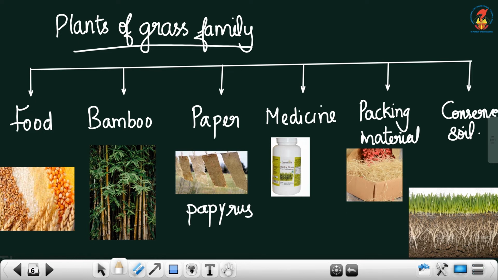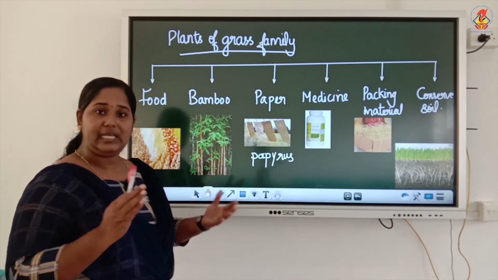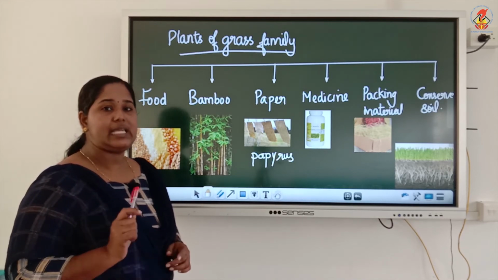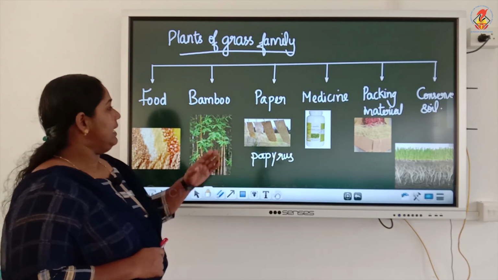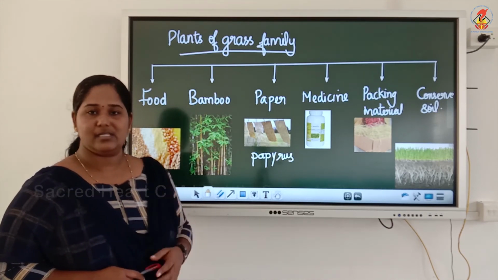Now we use a variety of grasses to prepare different types of paper. But first it was made from papyrus, and from that papyrus name we got the name paper. So it was prepared in which place? Egypt.